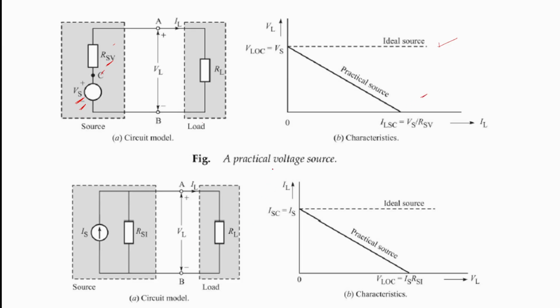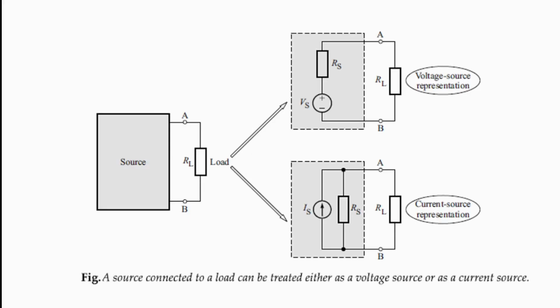Now coming to this, the practical voltage source. Now coming to the practical current source, the current source is in parallel with the resistance. If the circuit consists of the source and load, and the source is a current source, generally in the practical case the current source will have resistance, but it is in parallel. Again, the ideal source will have the maximum value, but in the practical case it will change with respect to the internal resistance.